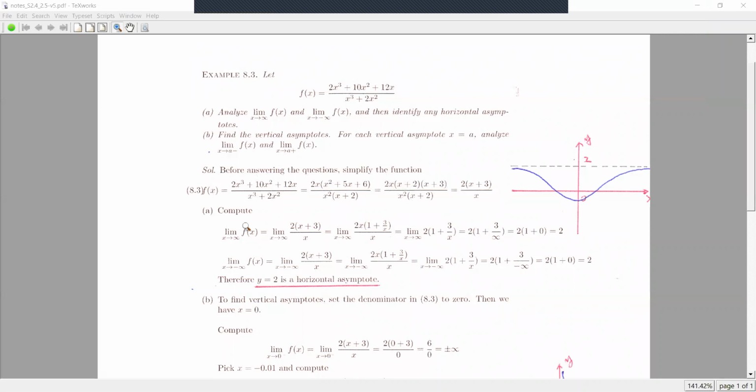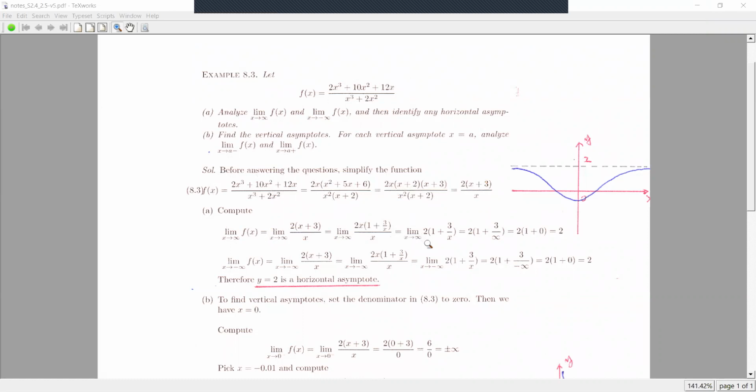Now, part A. Compute the limit at positive infinity. The function f now is this function. Take out the highest power x on the top. Then we have this equation. Cancel x. Then we have this equation.